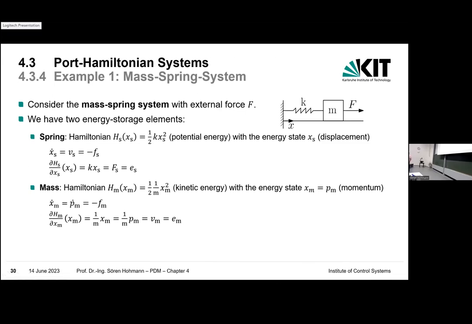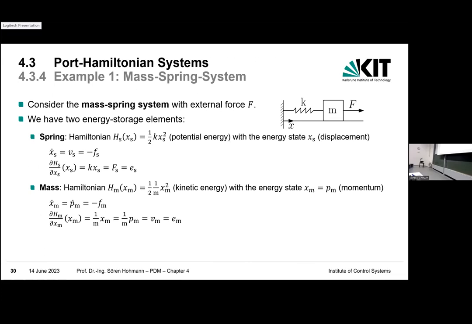Nothing surprising, we did this before. Now, this is not the only element present in our simple example. We also have the mass, but the mass defines kinetic energy. I assume no friction in this example in the first place. The Hamiltonian, so the kinetic energy, basically the storage function or kinetic energy function, is given by a half, 1 over m, xm squared. Now we have to be careful because we define the energy state as being momentum.